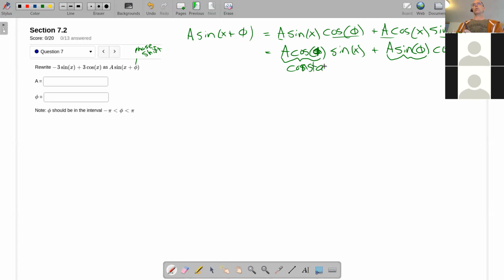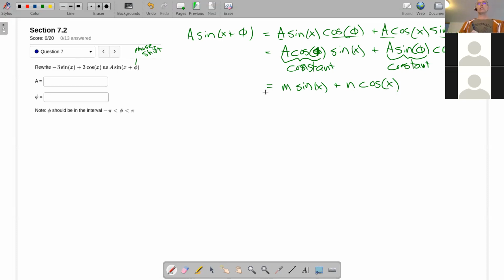In the formula, when I first wrote this down, they're not the same constant because this is a cosine and that's a sine. I just relabeled them m and n. So we're going to find an m sine of x and then an n cosine of x here. So we want to figure out what those are.